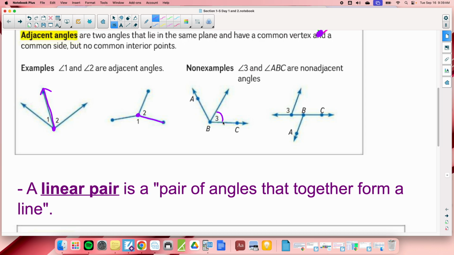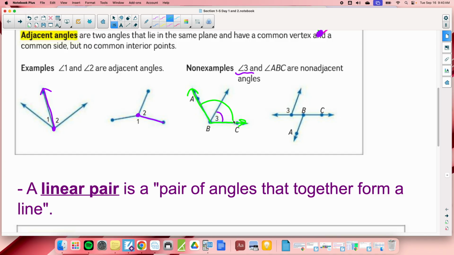So this is a non-example. They're not adjacent, and the reason is angle 3 is right here, but angle ABC is this whole angle. So the purple angle and this green angle are not next to each other.